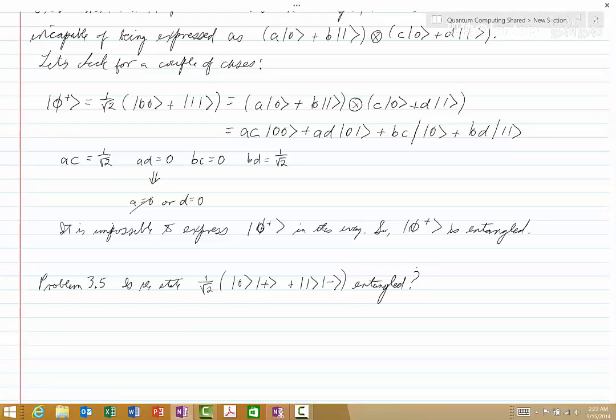Now, the easy way to do this problem is the following.